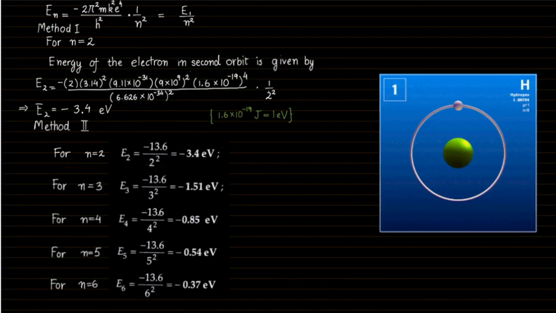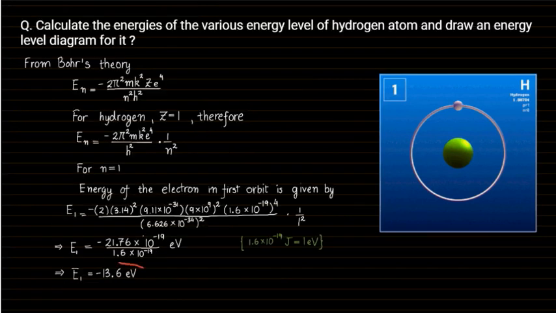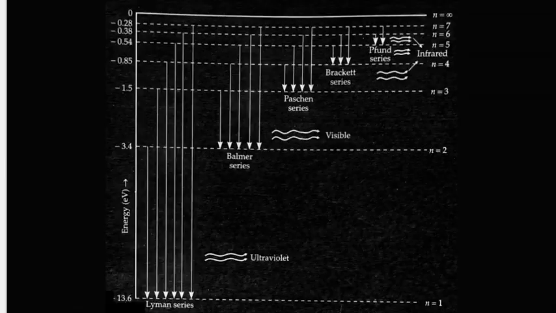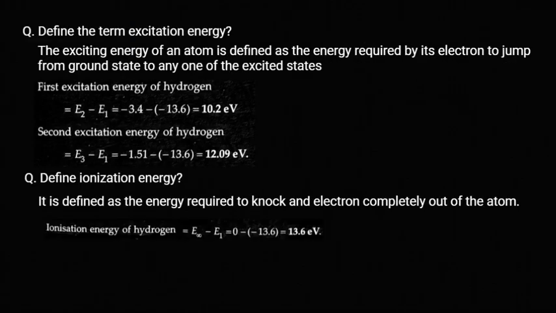And for n equals 1, the energy is minus 13.6 electron volts. So the difference of these two energies, E2 minus E1, is around how much? 10.2 electron volts. This is the amount of energy which you need to supply in order for the electron to jump from the ground state to the higher excited state. This is known as your first excitation energy.